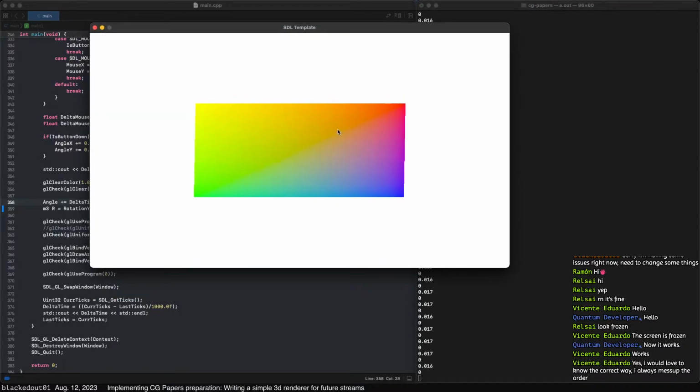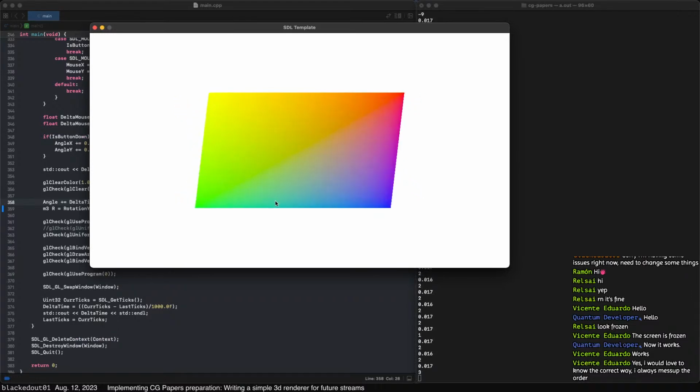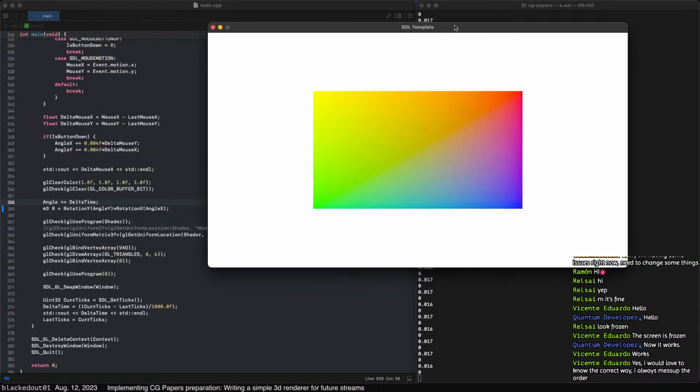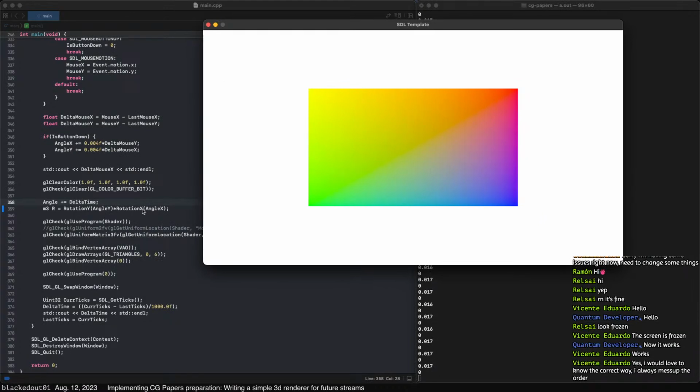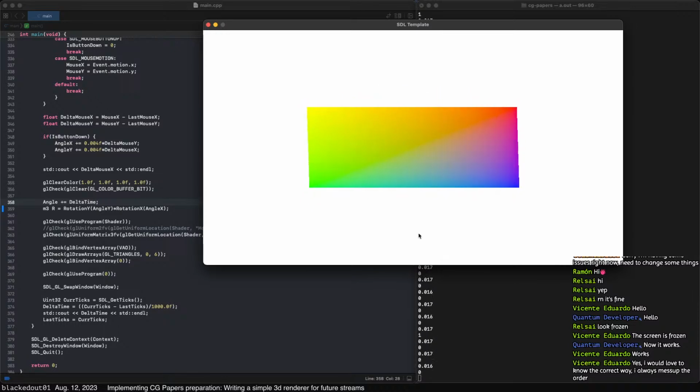Right. Yeah, so you can even see what I meant here. So first we rotate around the x-axis. So the x-axis points in this direction here. And so when I move up and down, we rotate around the x-axis. And now if it's already a bit rotated, after that, we rotate around the global y-axis. So you can see like it rotates around this axis here, like the global y-axis.